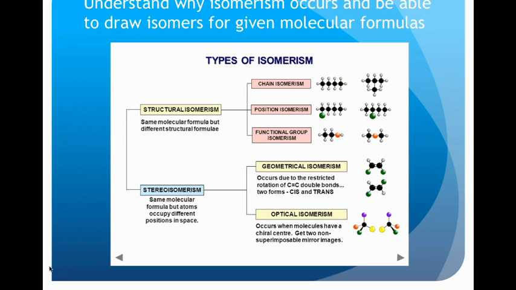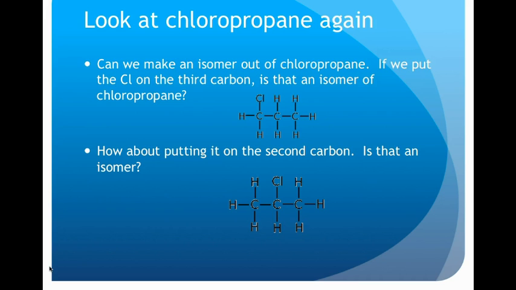Isomerism occurs when you may have the same molecular formula but a different structure. Stereoisomerism may occur when you have the same molecular formula, but the atoms are in different places spatially. We'll look at the first and easiest, a structural isomer. Look at chloropropane again. Can we make an isomer out of chloropropane?